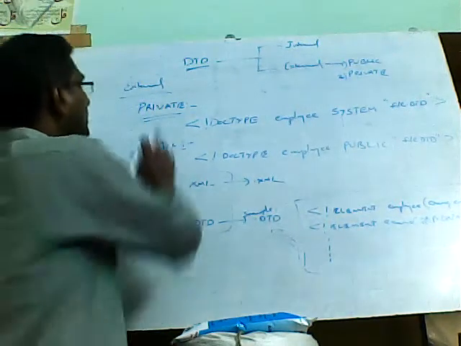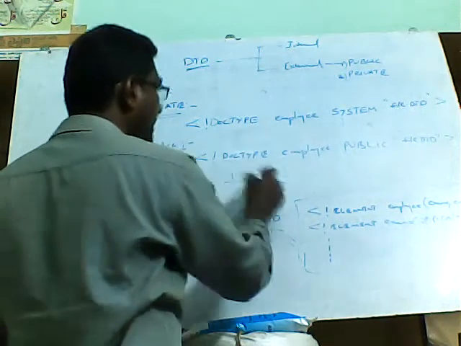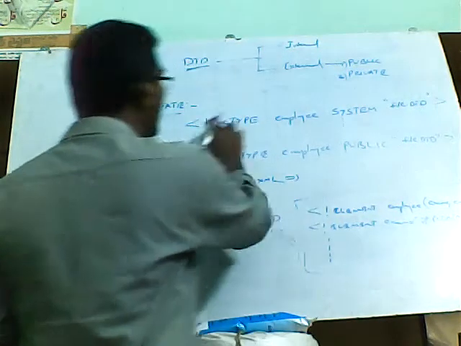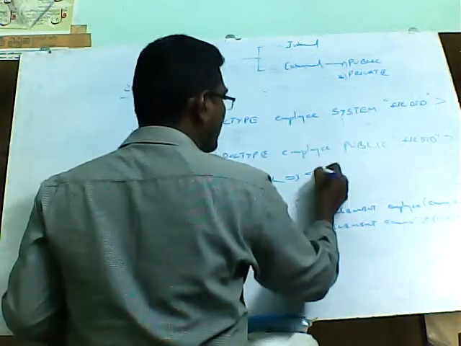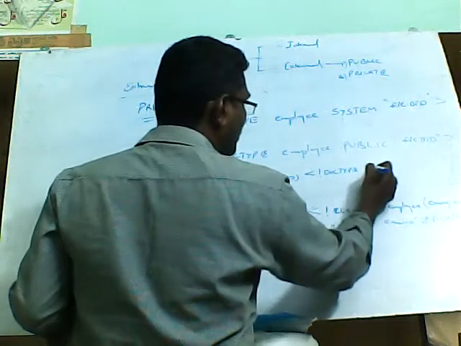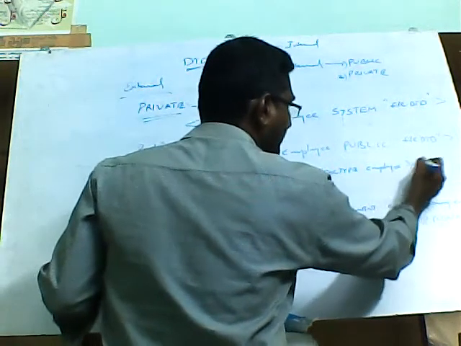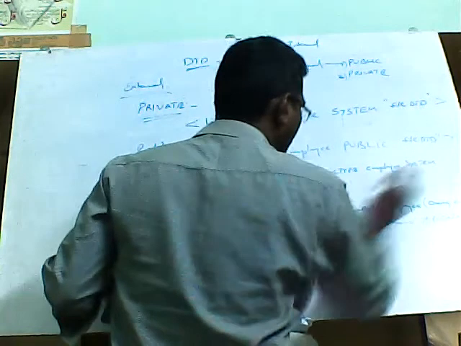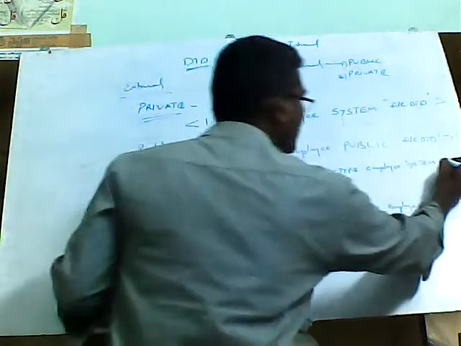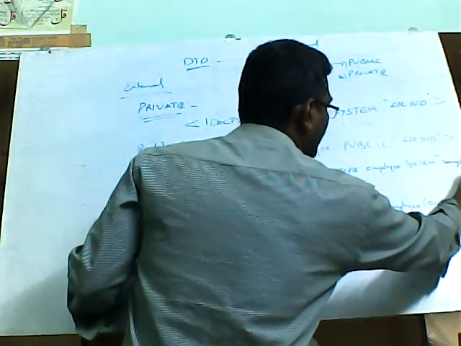Now in the XML document, for private and public DTD, we will add one line: DOCTYPE followed by the root element employee, SYSTEM in capital letters, then followed by the file name, sample.dtd, like this.